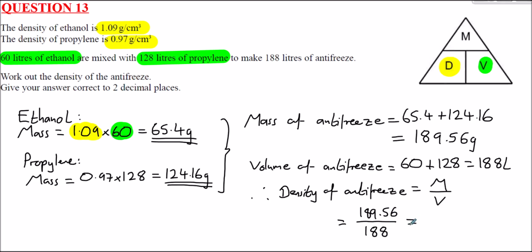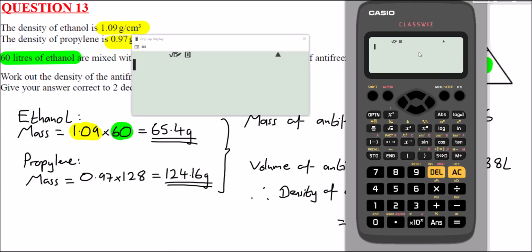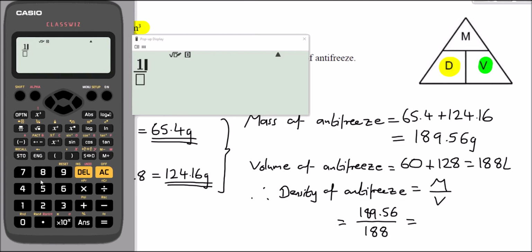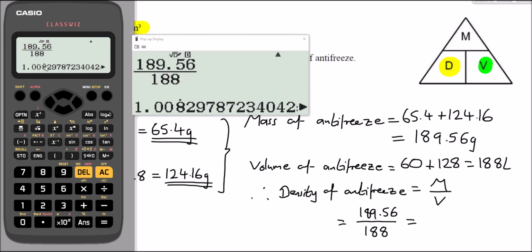So how accurate do we do this answer? We need it to 2 decimal places. So if we just now input these values and round accordingly, 189.56 divided by 188, that comes out to 2 decimal places as 1.01.